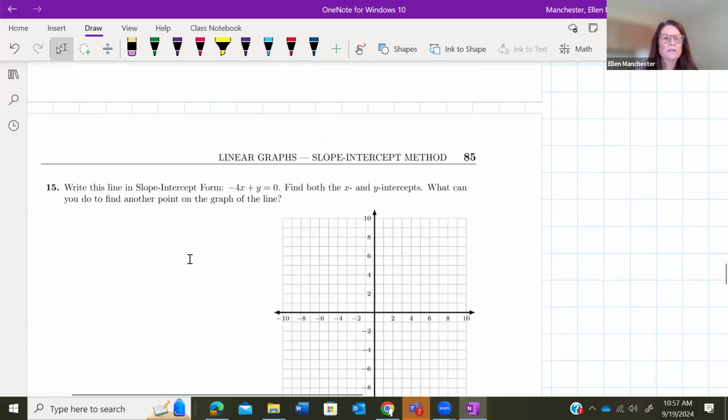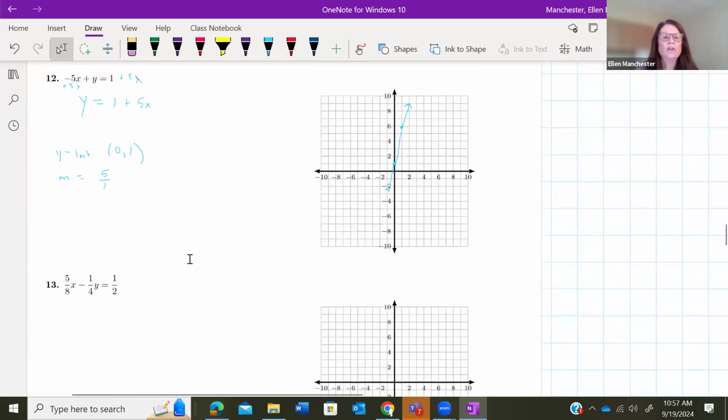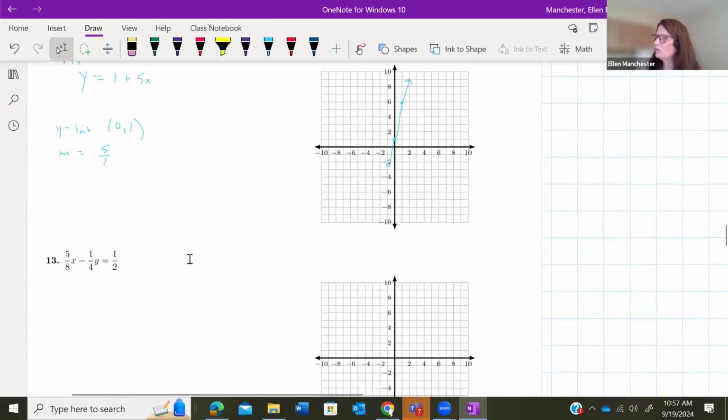Whereas if there's one that's already set up as y equals, then you can do the slope-intercept method. Okay. All right. Let's try number 13. So fractions, I always like to give you at least one fraction so that you get practice eliminating that fraction.